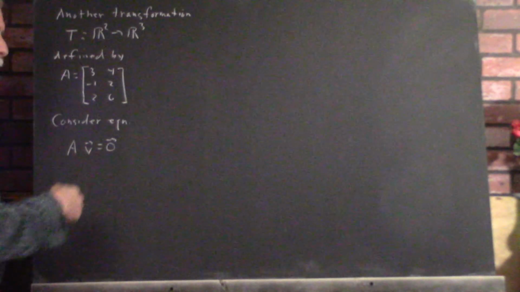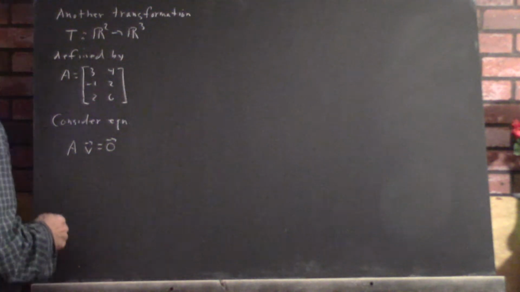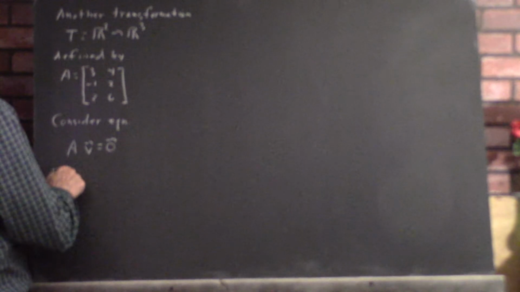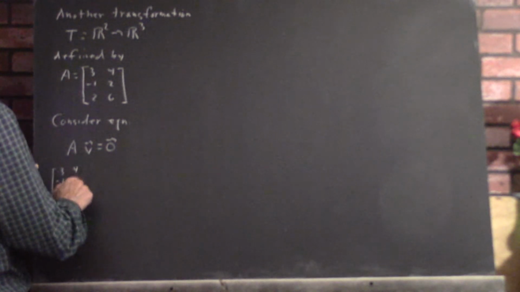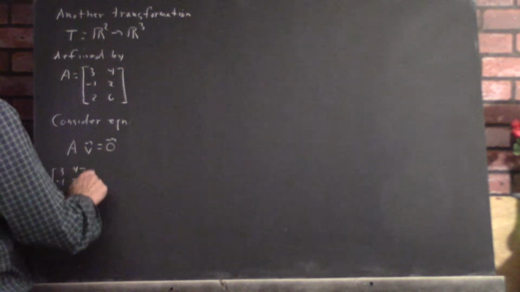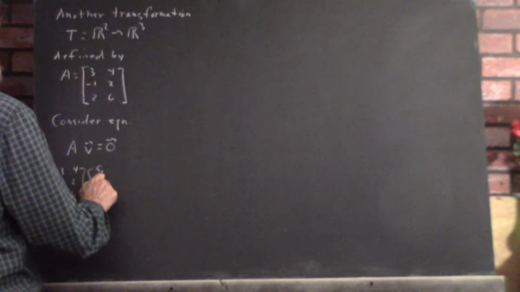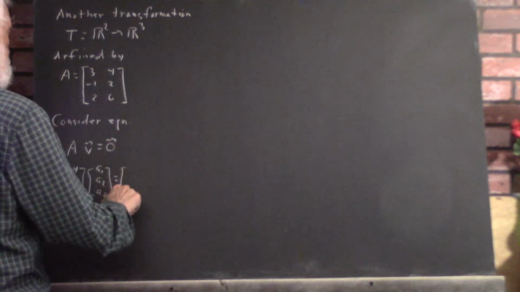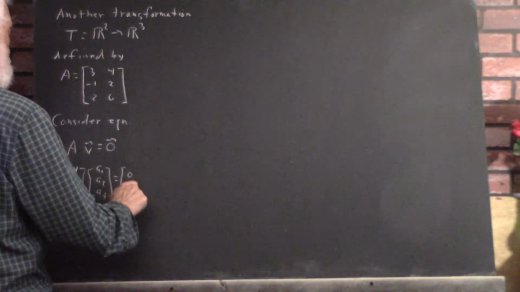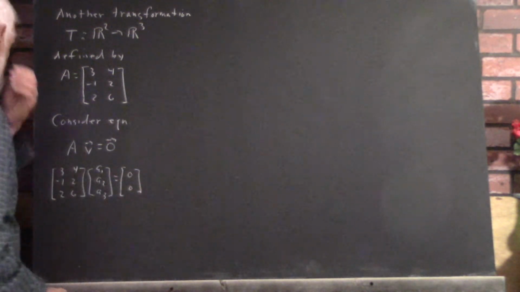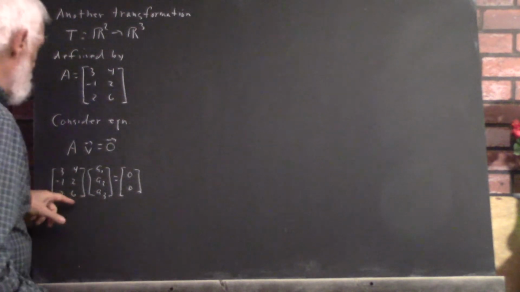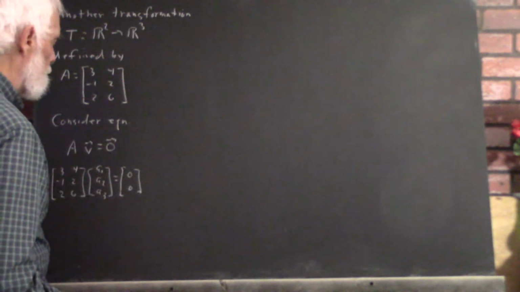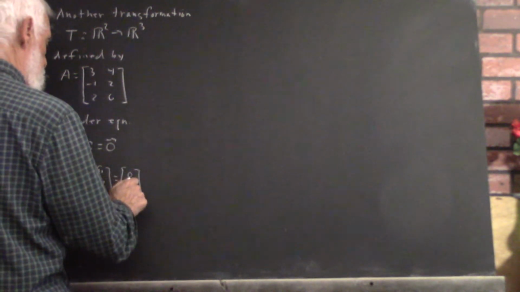Let's consider the equation AV equals 0. Okay, well that tells us that 3, 4, negative 1, 2, 2, 6 multiplied by, I've got it backwards, sorry.